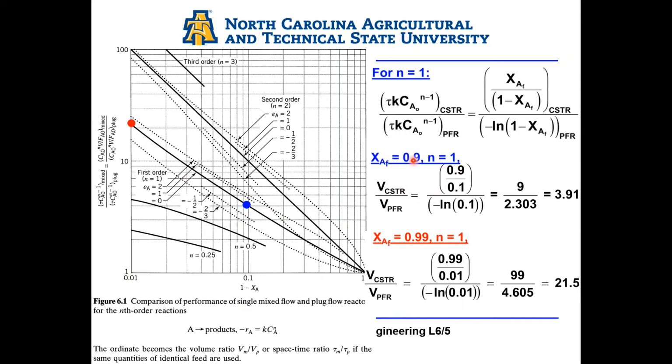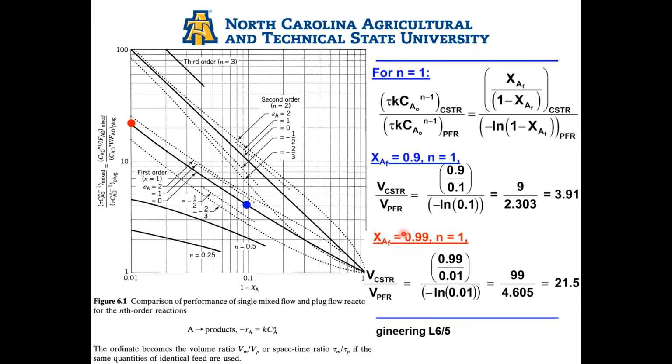In order to achieve a 90% conversion, I will need a CSTR which is almost 4 times as big as the PFR to achieve the same result. Whereas if I want a 0.99 conversion, I'll need a CSTR which is 21.5 times as large as a PFR to achieve the same conversion.